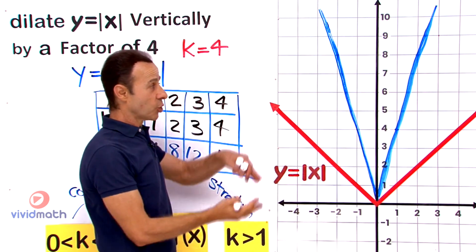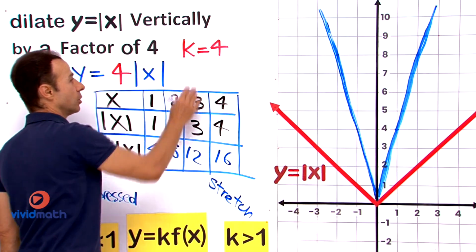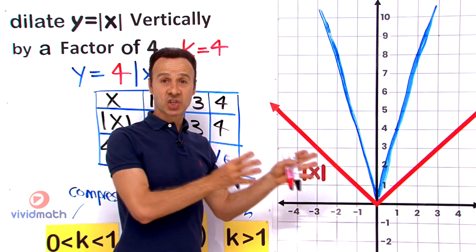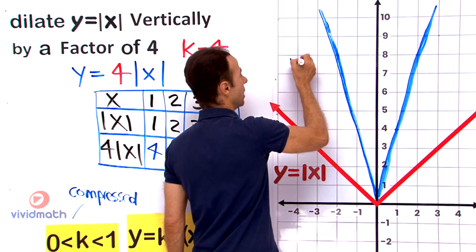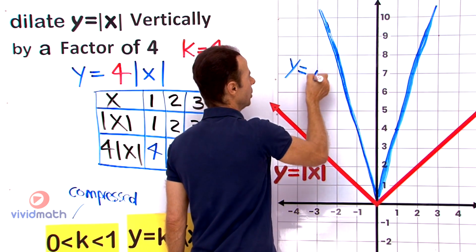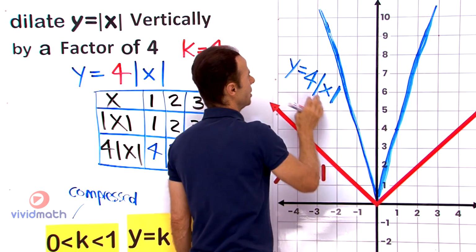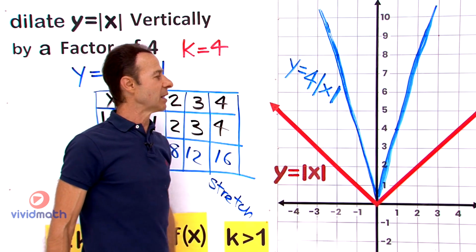That looks a lot taller, and that's the new function with the new dilation factor of 4, meaning that it's 4 times taller. You can see that the shape has changed from the original parent function, and now it's called y is equal to 4 absolute value of x. So the new function, the dilated one, is y equals 4 absolute value of x.